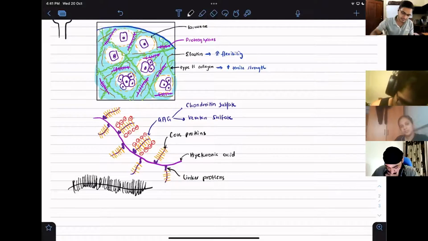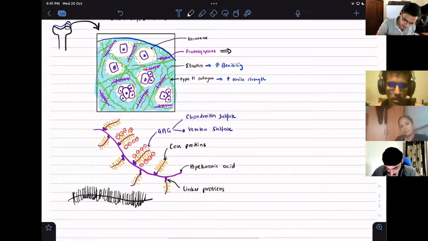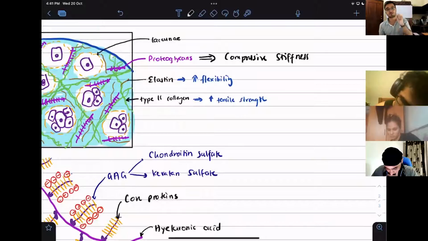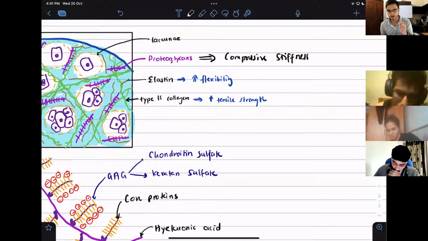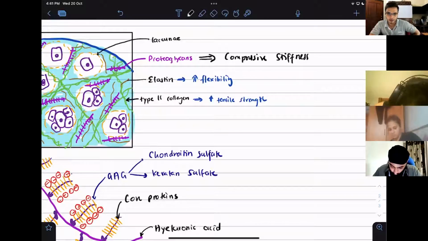So due to the electronegative repulsive forces, proteoglycans give what we call compressive stiffness or shock absorption property of our cartilage. Very, very important structure in our cartilage.